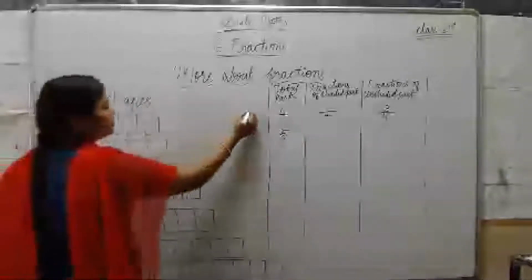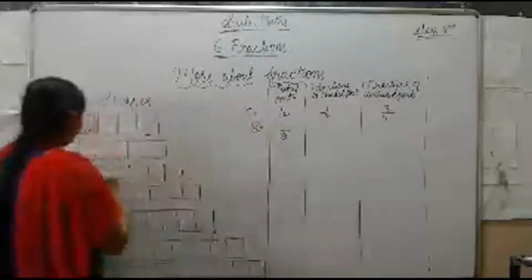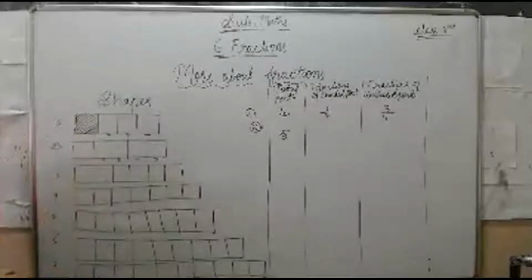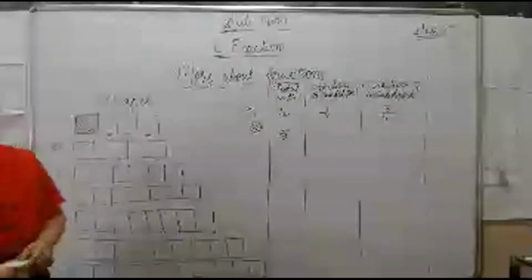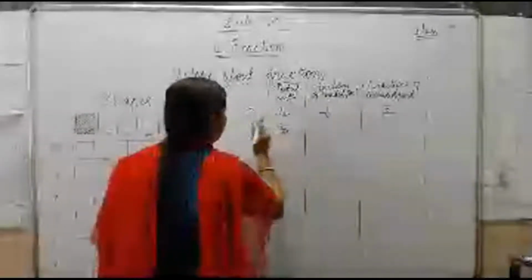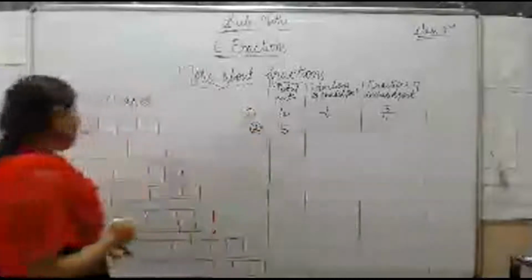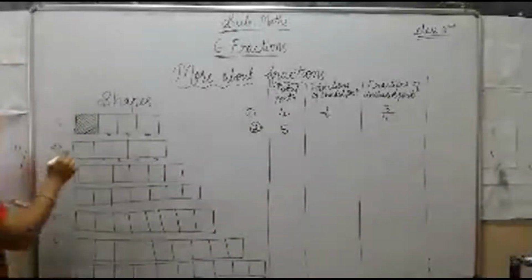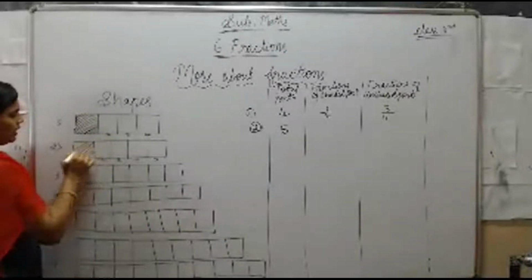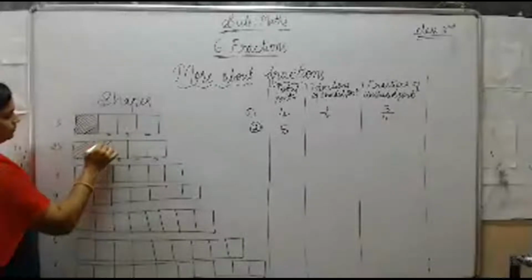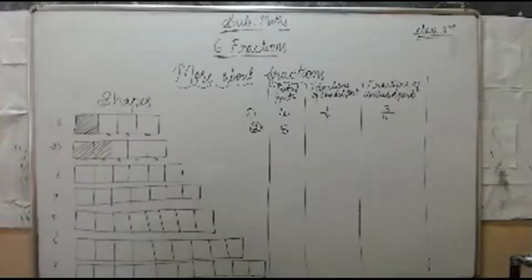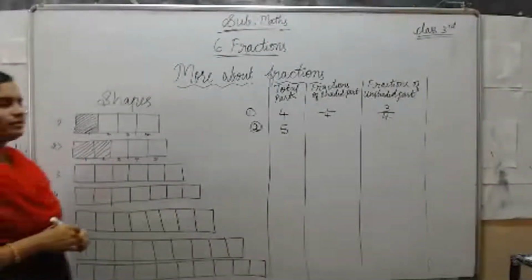Yes, total number of parts here 5. How many parts are shaded? Here I am shading this 1 and 2. In these 5 parts, how many parts are shaded? 2 parts.